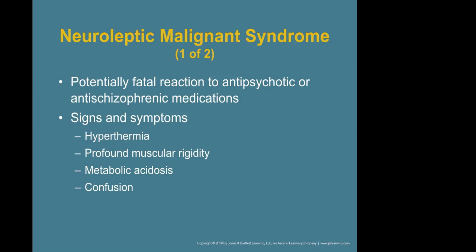So you're going to have hyperthermia. They're going to be sweaty, with muscle rigidity. You'll see metabolic acidosis, so make sure you're using your end-tidal monitoring, okay? And severe confusion in these patients.